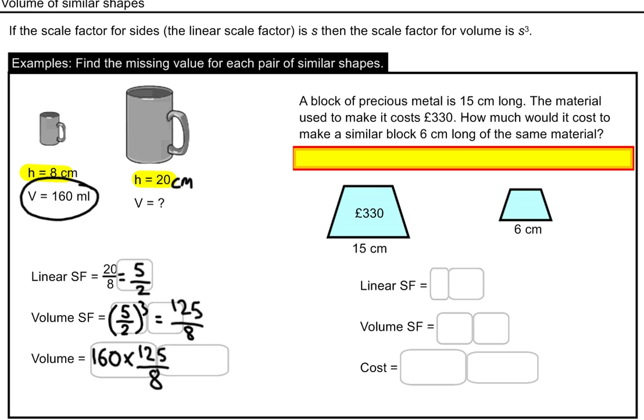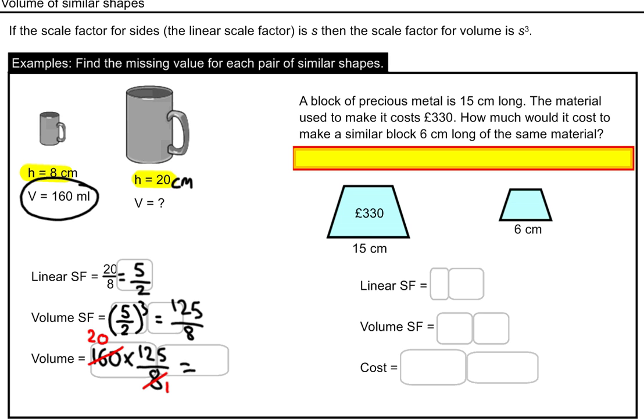Again, looking at these numbers, these are potentially things you could work with in a non-calculator paper. The 160 and the 8, they're both divisible by 8, giving me 20 over 1. 20 times 125.